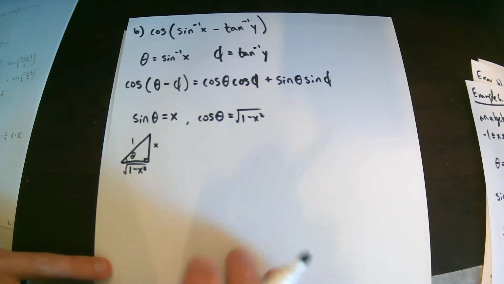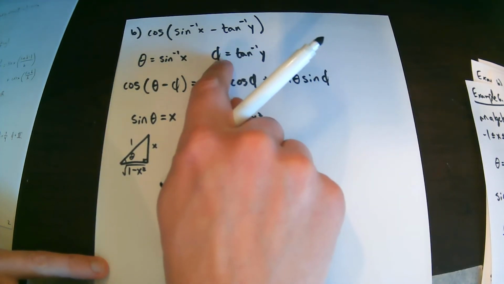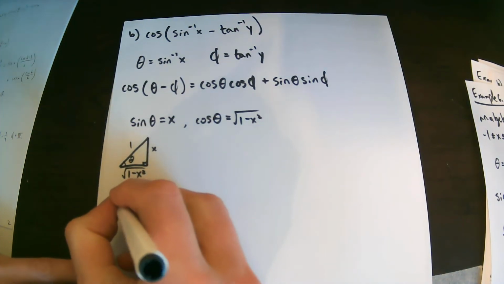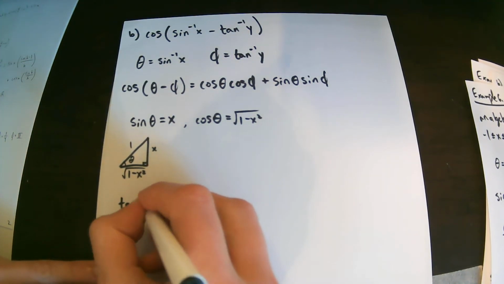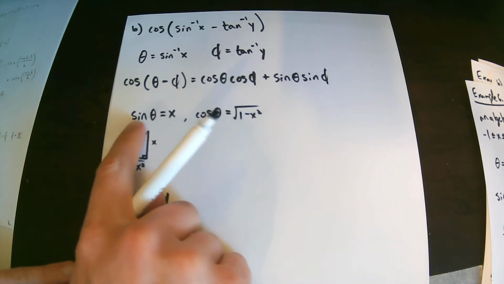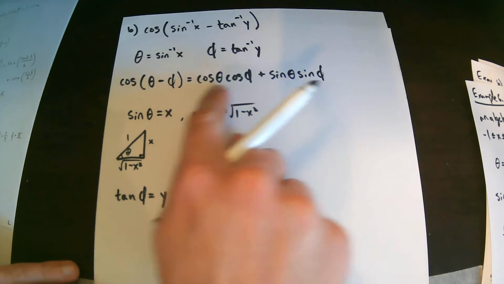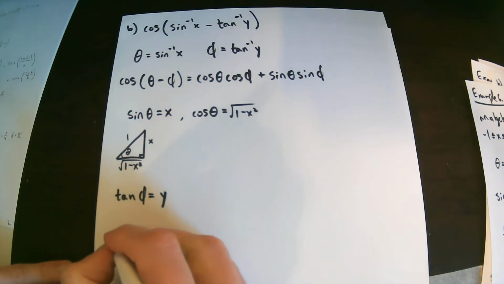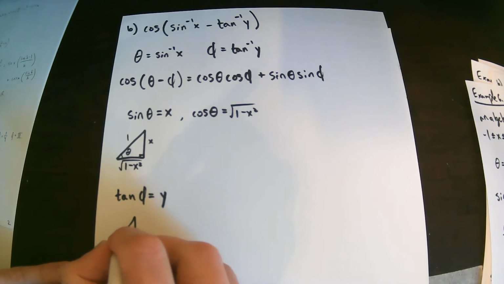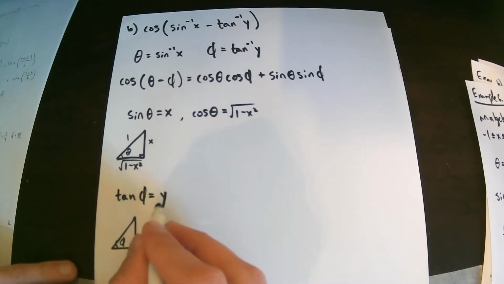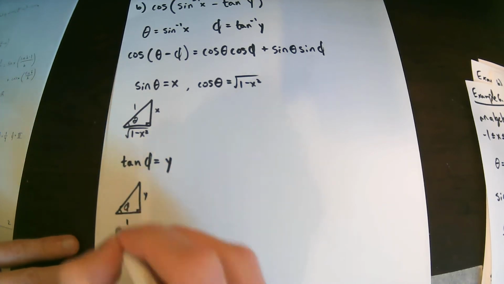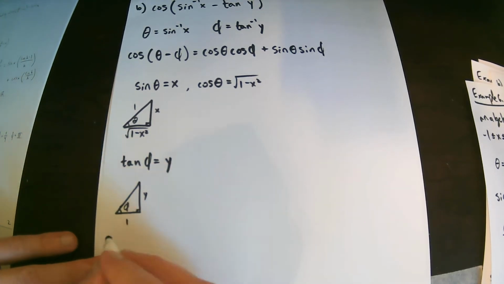Now I need to look at phi, but I've been given this relationship involving tangent, so I know that tangent of phi is equal to y, which is not as directly helpful as sine of theta equal to x, because tangent is not involved here. But that's still okay, we can still build our triangle from this. So there's phi. And if tangent of phi is equal to y, then that's opposite over adjacent, so y over 1.